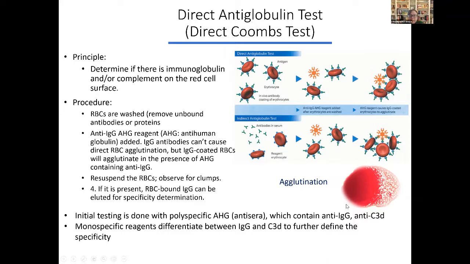You start testing with polyspecific Coombs, which means this Coombs has anti-IgG and anti-C3. Anti-C3d is the complement component of it. Then once it's positive in our lab, generally we have anti-IgG testing. And if IgG is positive, we presume that this is a warm autoimmune hemolytic anemia.